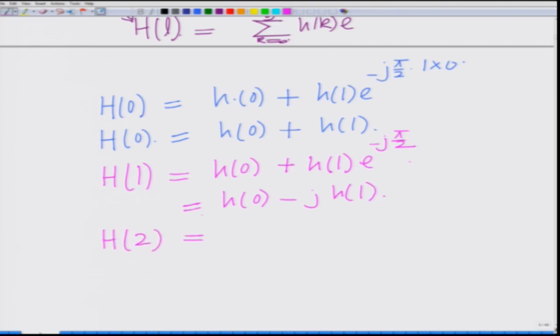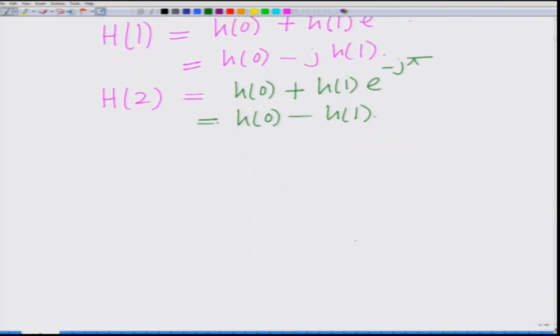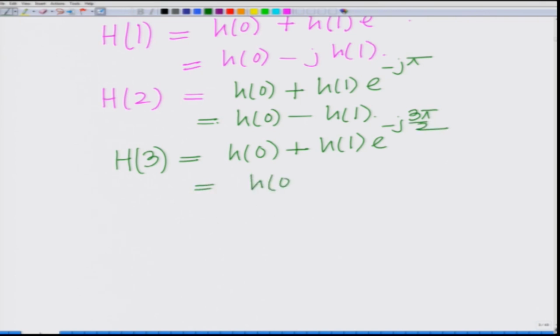Similarly, H2 is equal to h0 plus h1 e power minus j pi, which is equal to h0 minus h1. And capital H3, you can check, is h0 plus h1 e power minus j 3 pi by 2, equals h0 plus j h1.